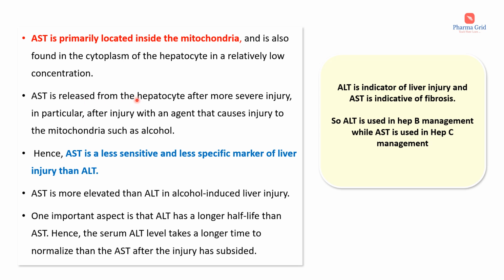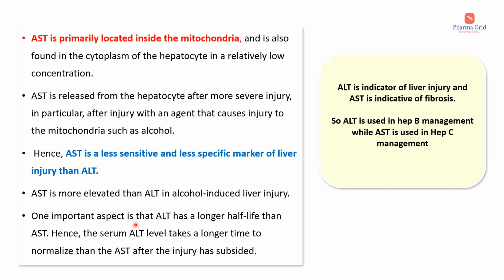AST is released from the hepatocyte after more severe injury, in particular, injury with an agent that causes injury to the mitochondria, such as alcohol. Hence, AST is a less sensitive and less specific marker of liver injury than ALT. AST is more elevated than ALT in alcohol-induced liver injury.